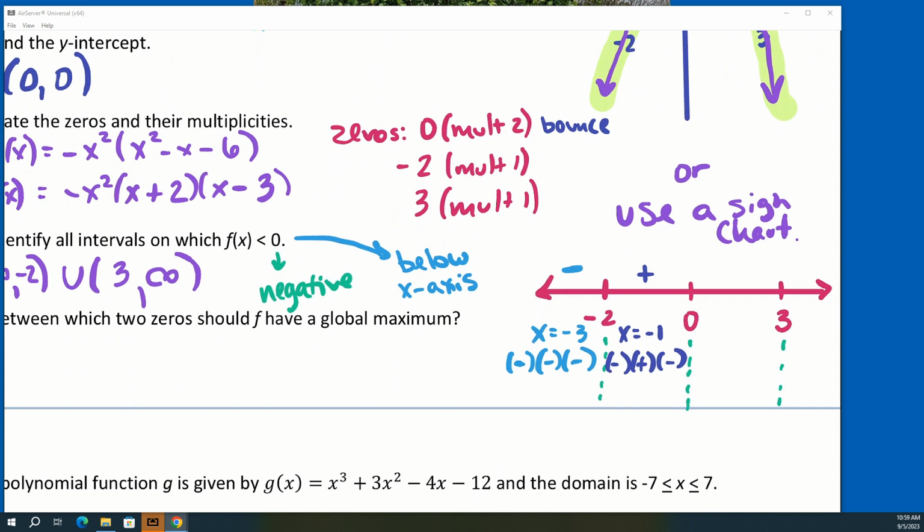Okay, so you guys try to do this for yourself. So try just in your head to plug in 1 and then plug in 4. And I'm going to go ahead and tell you that first factor is negative no matter what you put in.